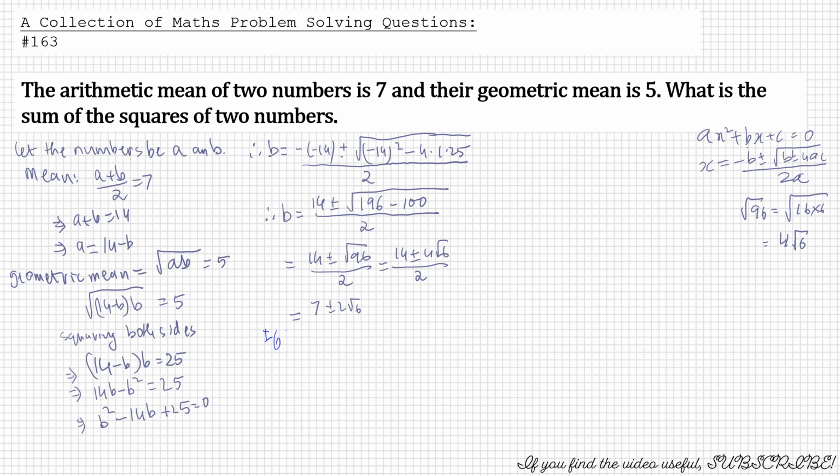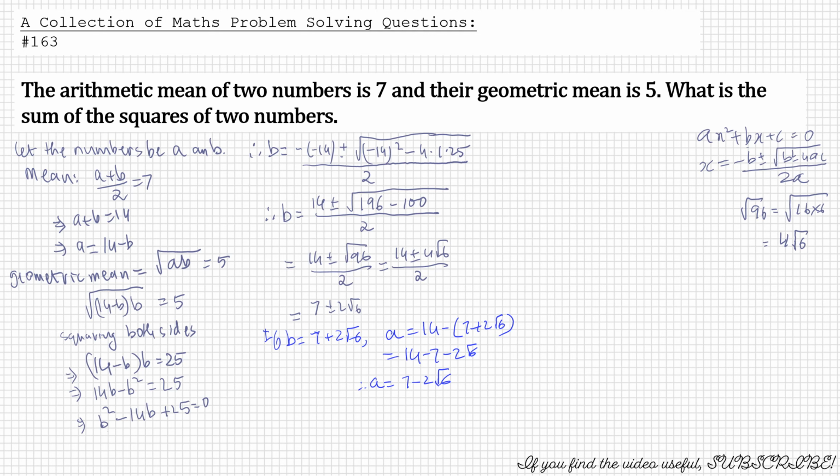So if b equals 7 plus 2 root 6, then a would equal 14 minus (7 plus 2 root 6), and that equals 14 minus 7 minus 2 root 6, which is 7 minus 2 root 6. So that is a. It doesn't really matter.